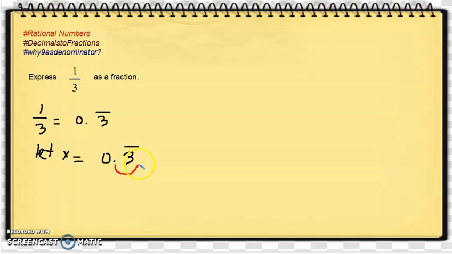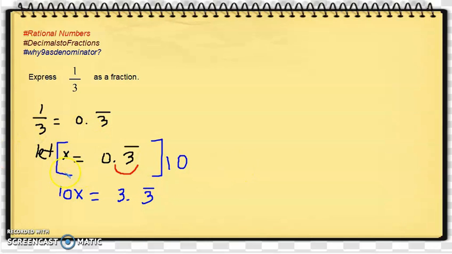Moving that is done by multiplying by 10. Take note, as we multiply by 10, we move the decimal point one place to the right. So we multiply this whole equation by 10, and we have 10x equals 3.3 with a bar on top.